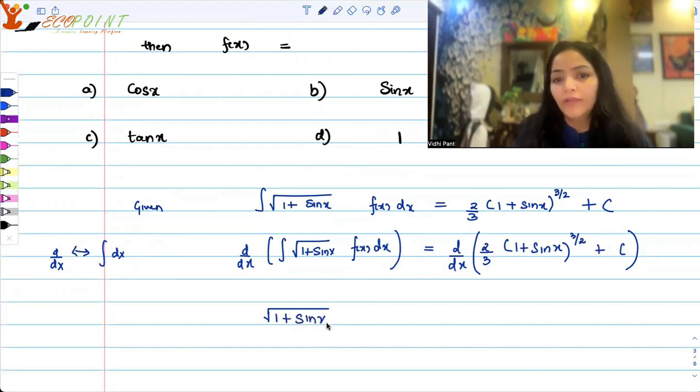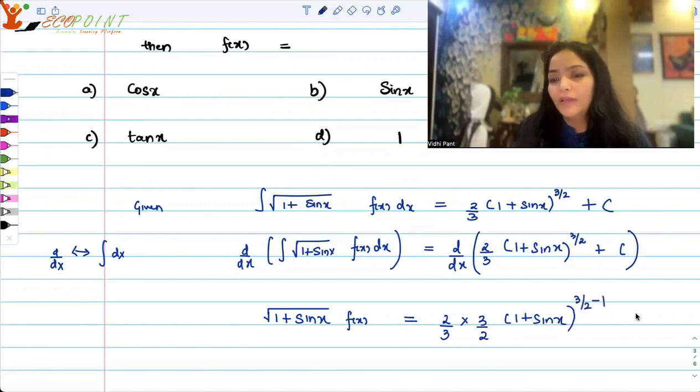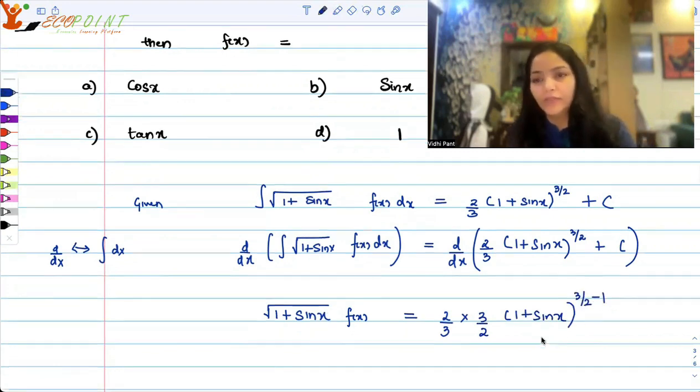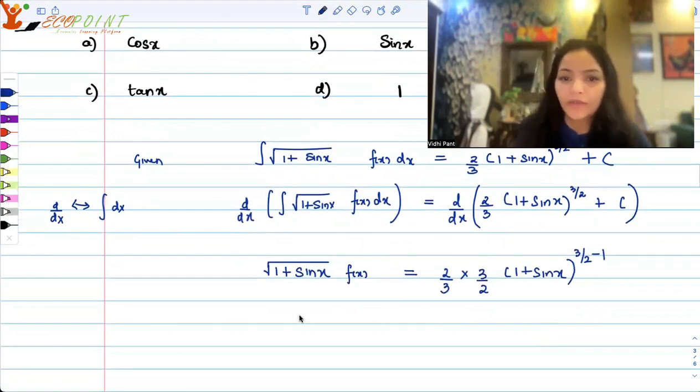So you will have square root of 1 plus sine x times f(x) on the left hand side, and on the right hand side you can differentiate this. Differentiating 2 by 3 as it is, then the power 3 by 2 comes in, (1 plus sine x) to the power 3 by 2 minus 1, and for c the derivative will be 0.